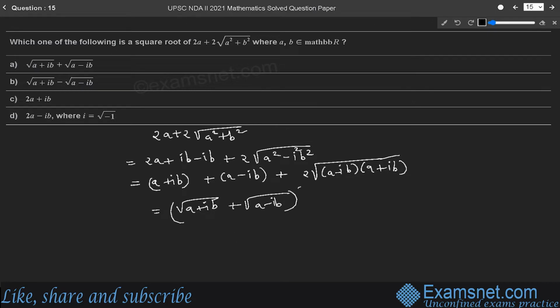Here we have used the identity a plus b whole square is a square plus b square plus 2ab. Therefore, we can say that the square root of 2a plus 2 into under root of a square plus b square will be equal to under root of a plus ib plus under root of a minus ib. So this is the required value for the given question. Therefore, out of all the options, option number A is correct.